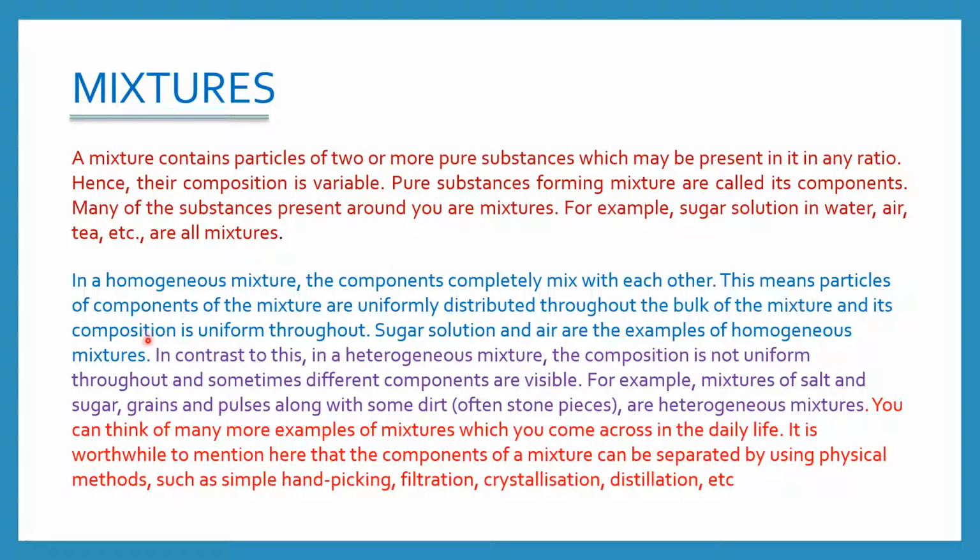This means particles of the components of the mixture are uniformly distributed throughout the bulk of the mixture and composition is uniform throughout. इसको आप एक एग्जांपल के जरिए समझिए, जैसे शुगर सॉल्यूशन और एयर। शुगर सॉल्यूशन क्या होता है, जब हम पानी में शुगर को मिलाते हैं, तो वो पूरी तरह मिक्स हो जाता है and its property is the same all throughout the mixture. हम जो शुगर सॉल्यूशन है उसका कोई भी पार्ट उठा के देख लें तो वो उतना ही मीठा होगा जितना कोई दूसरा है। So this is the example of a homogeneous mixture.